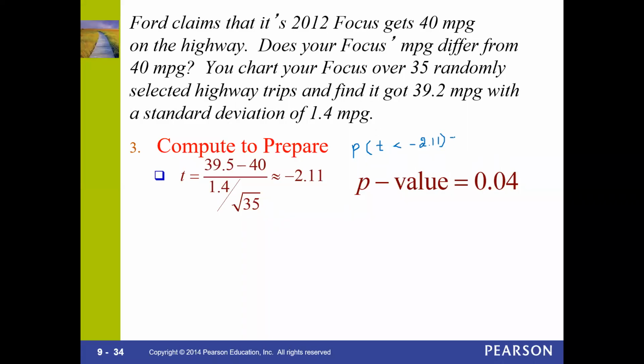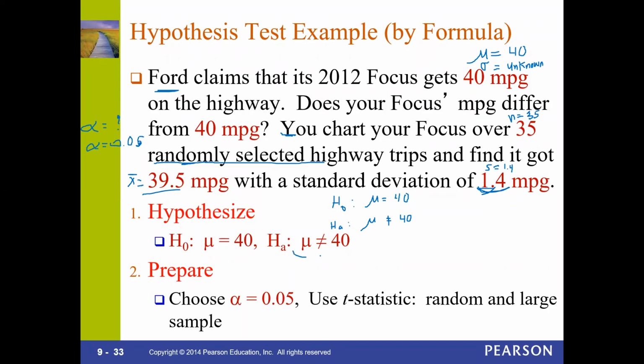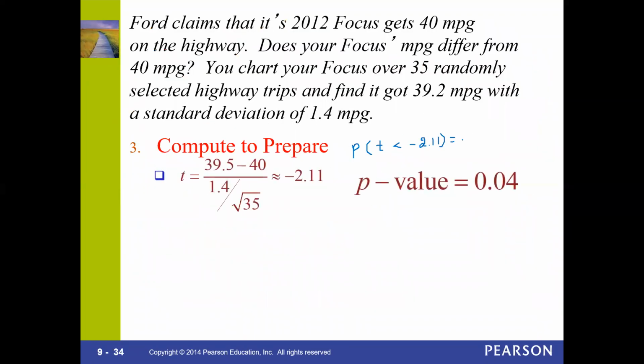Now, because it's a two-tail, because you have that one right here, you have to multiply the value by 2.